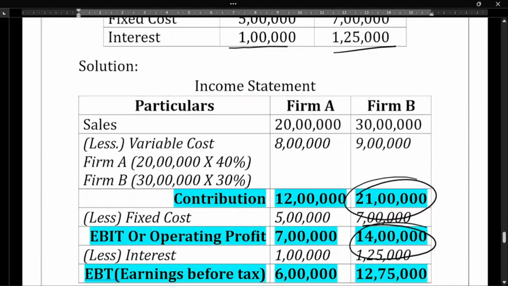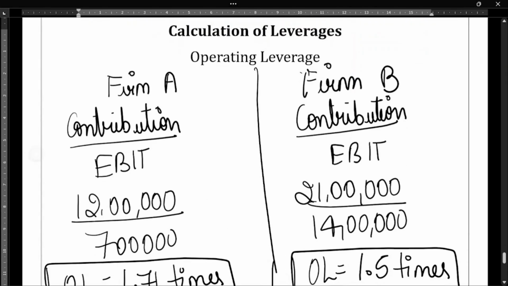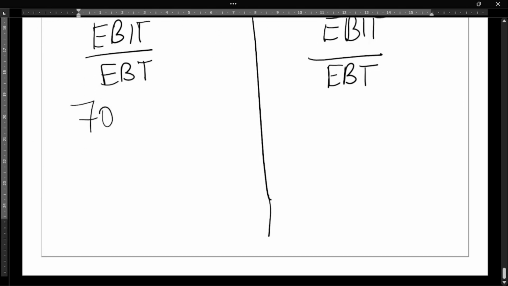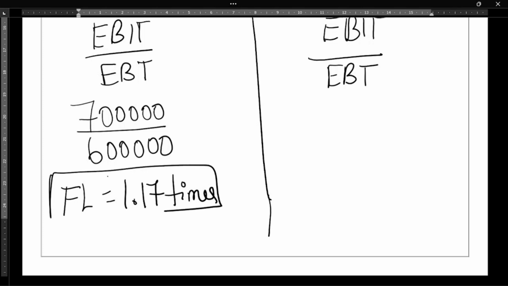What is the EBIT of firm A? The EBIT of firm A is 7 lakh. EBT is 6 lakh. So 7 lakh divided by 6 lakh. We will get the financial leverage of firm A. The answer is 1.17 times.